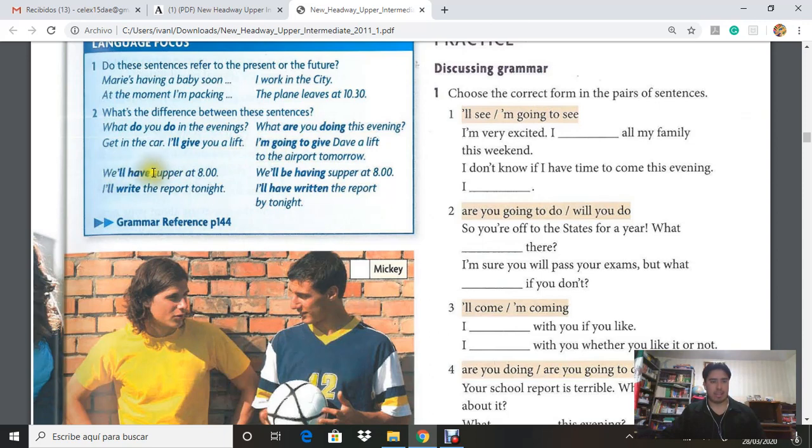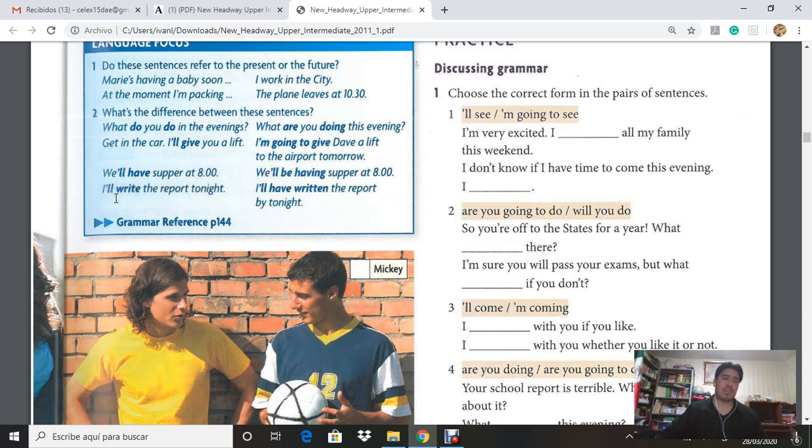In this case, we'll have supper at 8 o'clock. Well, once again, this is simple future with will to talk about a decision that we have made at the moment. We'll be having supper at 8 o'clock is a sentence in future continuous that reflects an action that will be in progress at a specific time.